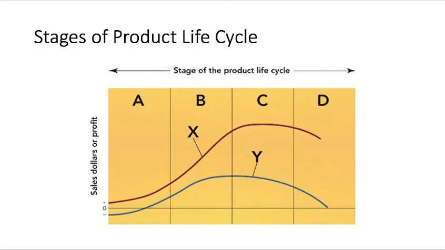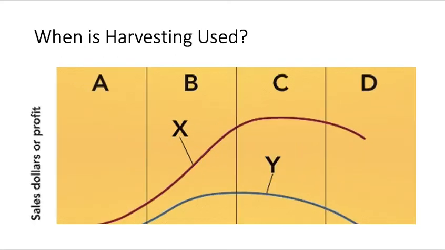On page 269, you can look at how the product life cycle relates to a firm's marketing objectives and the marketing mix. Remember the 4 Ps: product, price, place, promotion. So portion A is the introduction stage, B is the growth stage, C is the maturity stage, and D is the decline stage. Be able to recognize which cycle.